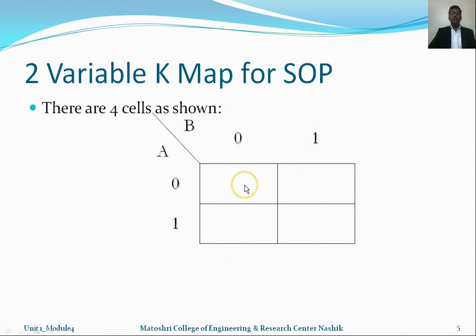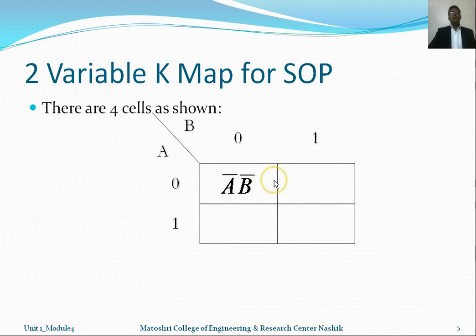So what is the value of the first cell? It is A into B, row into column. The value of the first cell is 0 0, that is, A is 0 and B is 0, and in SOP a value of 0 means complement.